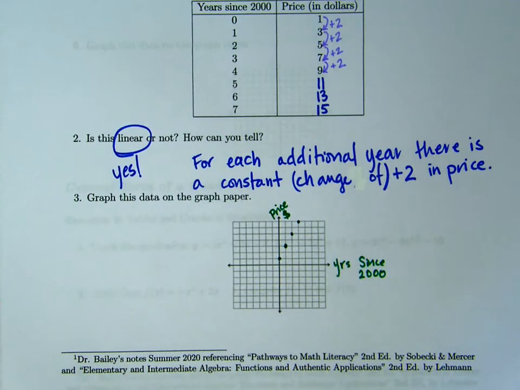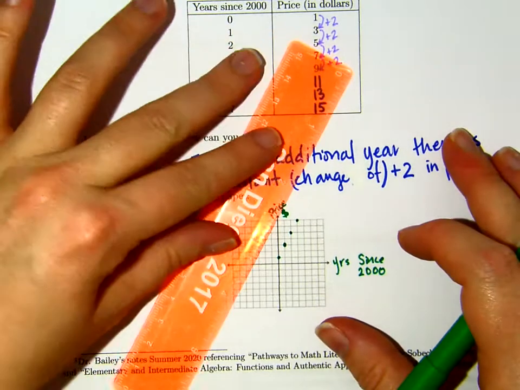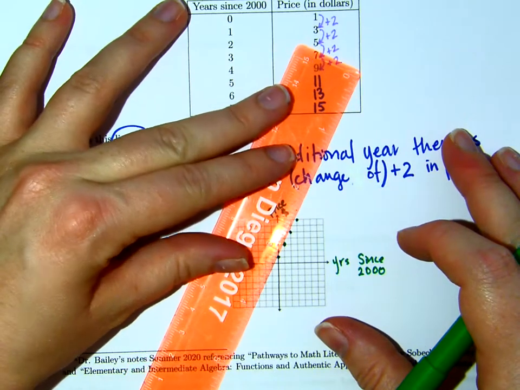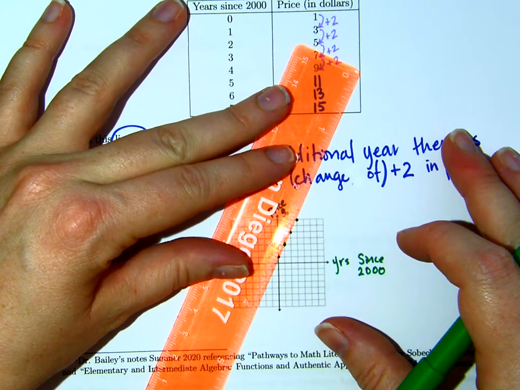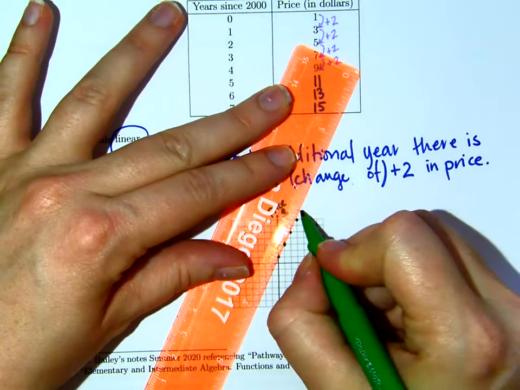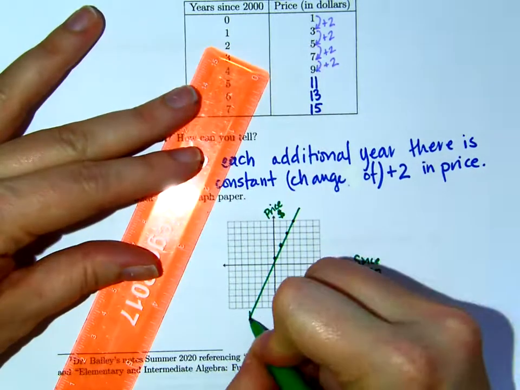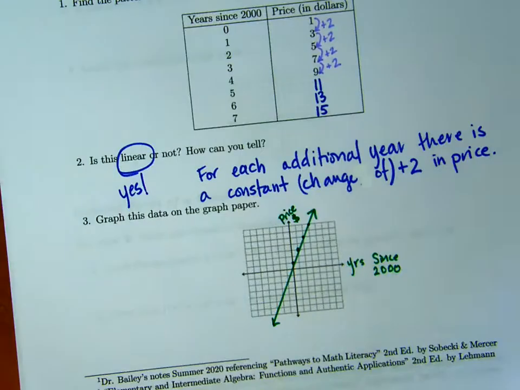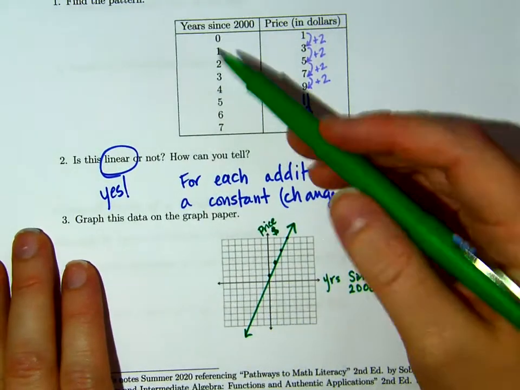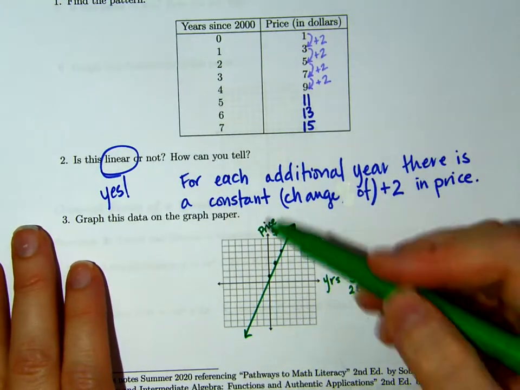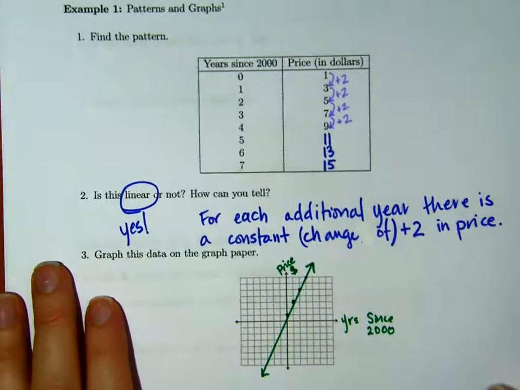Okay, I see it. And I have my kid's ruler, so I'm going to use it. There it is. Constant change for each year and linear function.